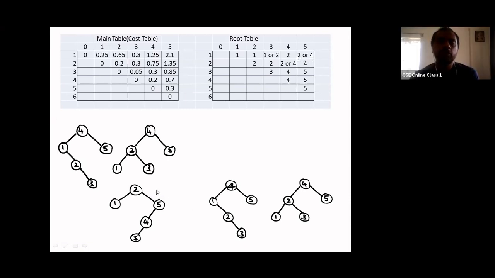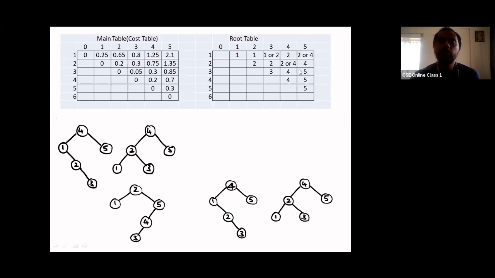Suppose if we choose 2 as a root, then on the left hand side of 2, less than 2 is 1. So we have a single key, so that can be made as left child. And on the right hand side, we have 3 keys, that is 3, 4, 5. Now we need to check 3 to 5, third row and fifth column.